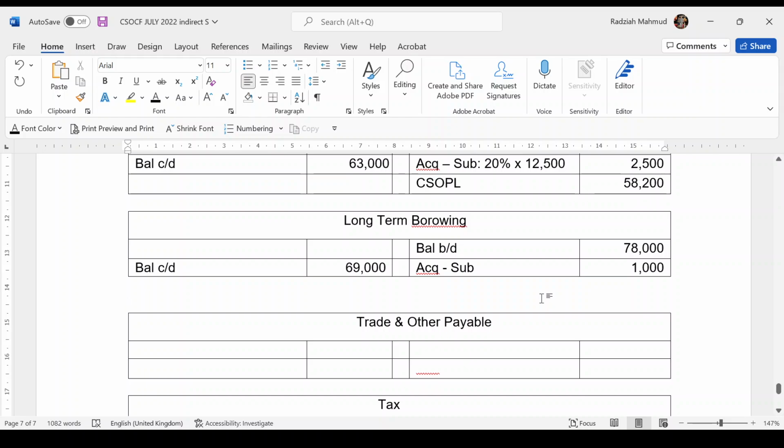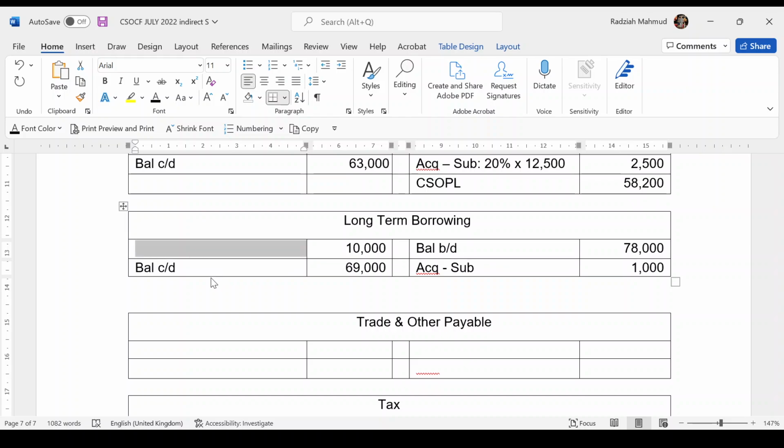So when Pearl acquired Gold, Gold has a long-term borrowing. So therefore it will increase the liability, so that's why it appears here. Debit must equal to credit, so we have a balancing amount of 10,000. It means there is decrease in borrowing, so therefore it means we pay for it.